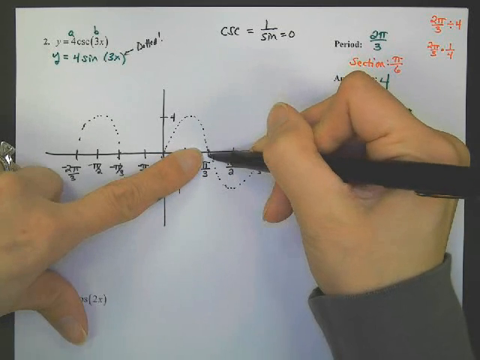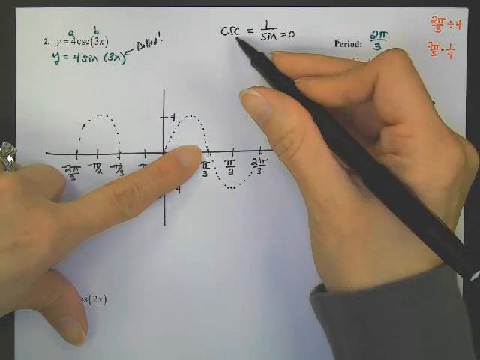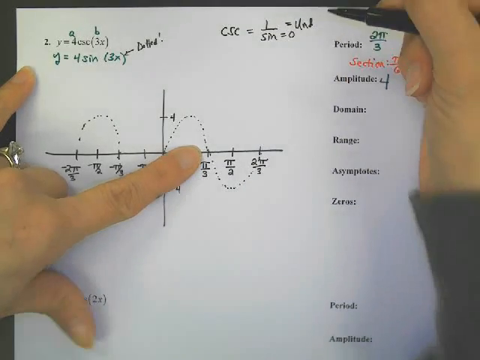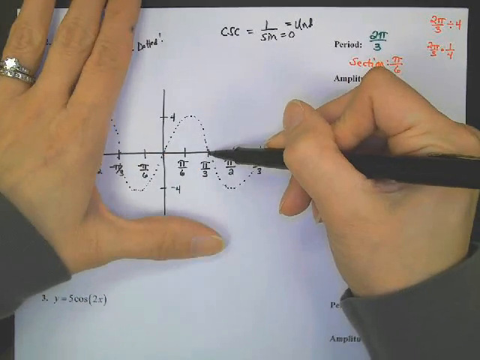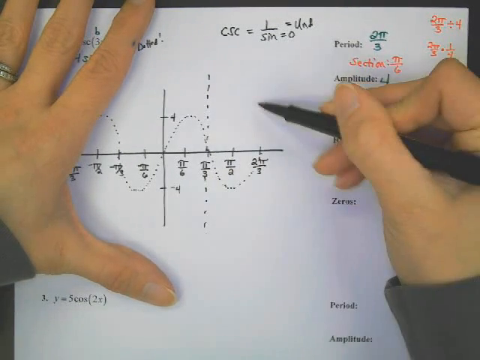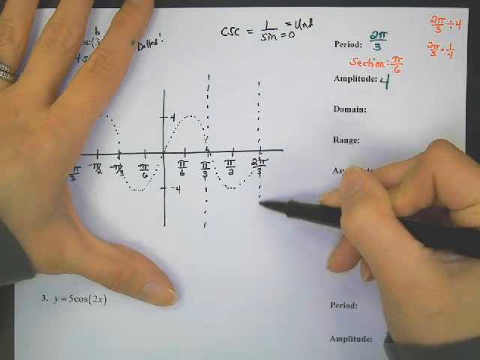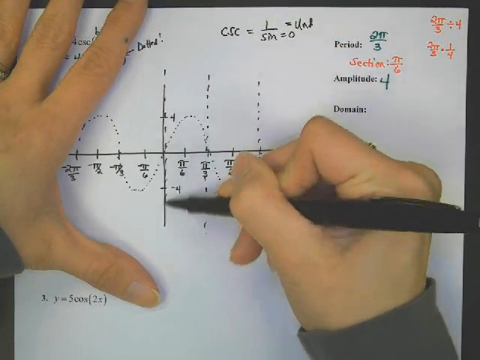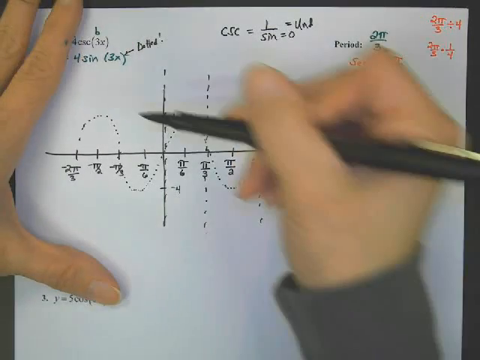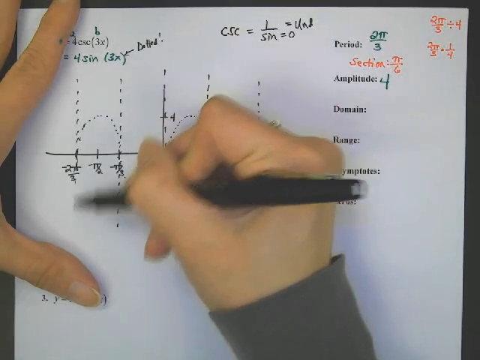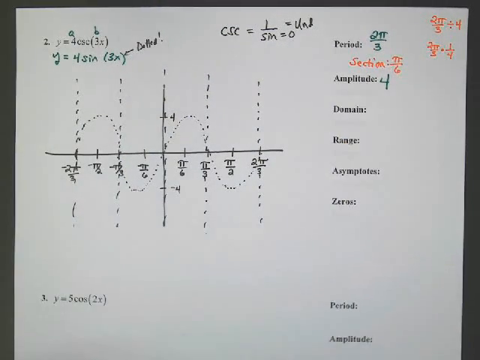What happens when the sine equals 0? Cosecant would be undefined. So at that value, you need to draw a vertical asymptote. So cosecant has asymptotes wherever sine touches 0. Wherever it touches 0, you need to draw an asymptote. There's no graph there. He'd have a problem.